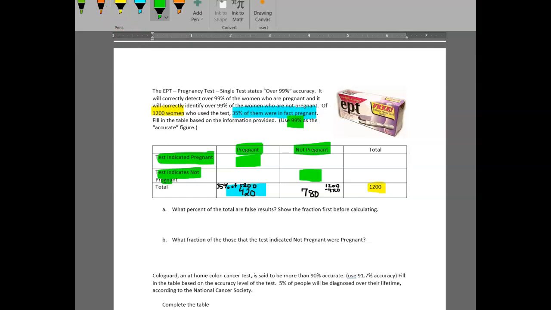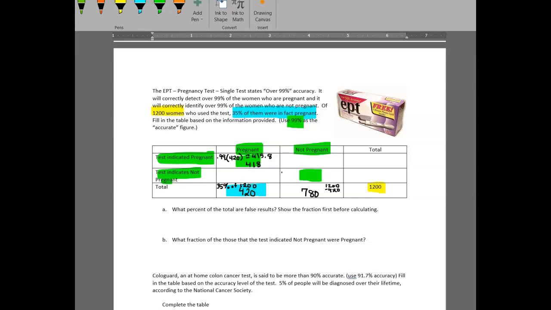With 99% accuracy, 0.99, 99% of 420 gives us the number of women that would be accurately told that they are pregnant by taking this test. That comes out to be 415.8, and with people we always round down. We can't ever have part of a person, so we have 415.